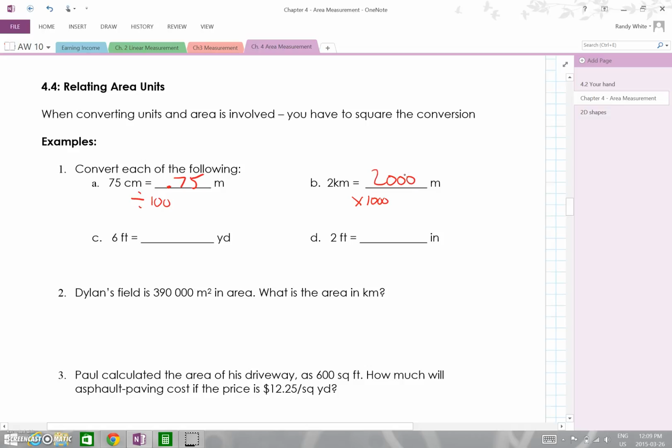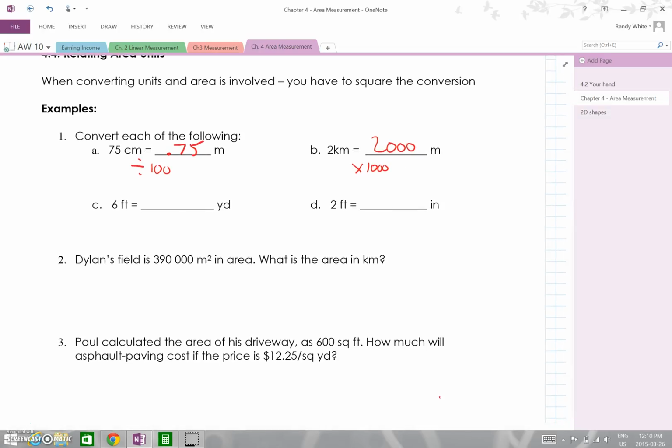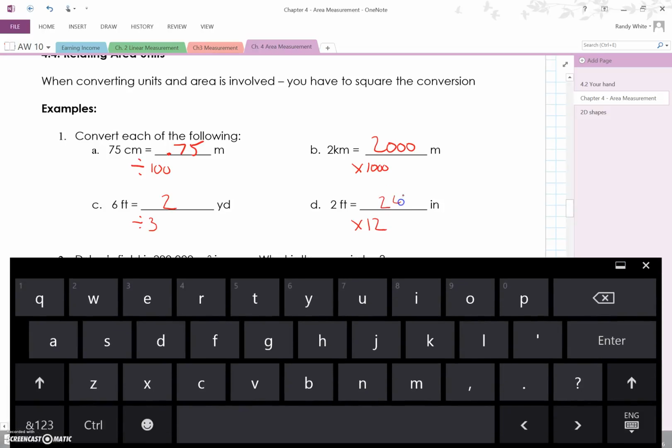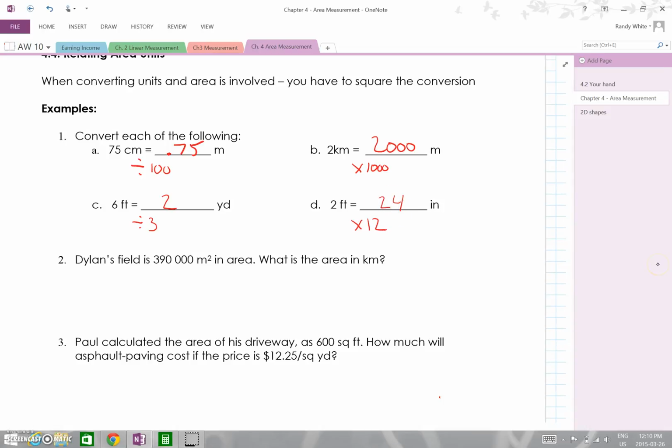Right? 6 feet in a yard, into yards. Well, I know there's 3 feet per yard, so I'm going to have to just simply divide that by 3, and I know that 6 feet is 2 yards. And then 2 feet to inches, well, again, I know that there's 12 inches per foot, and so I'm going to multiply that by 12, and that is going to give me 24 inches. Okay?